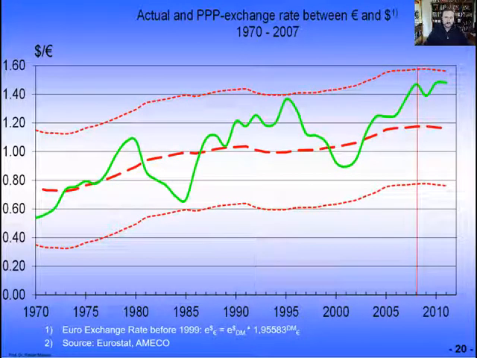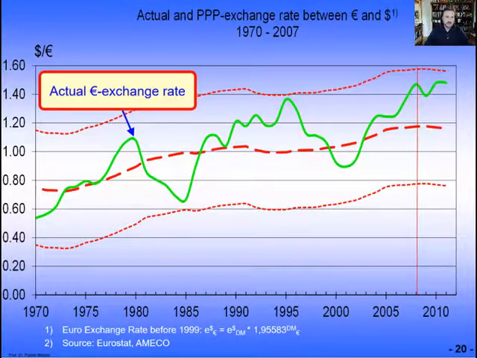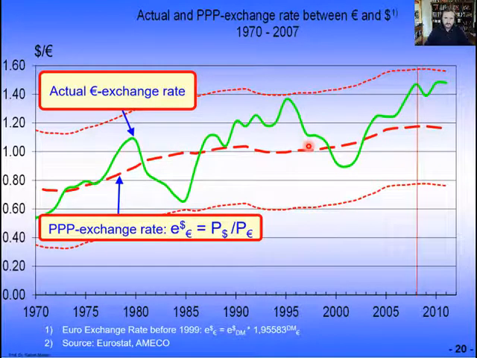The green line represents the actual exchange rate of the euro against the dollar in terms of dollar per euro. The dashed red line represents the purchasing power parity rate of the euro against the US dollar, calculated on the basis of prices of standardized baskets of consumer goods.